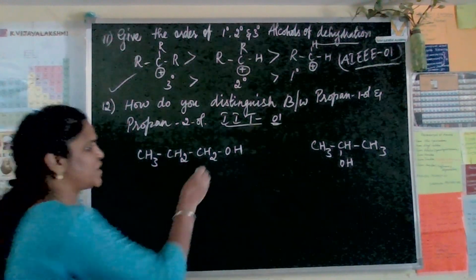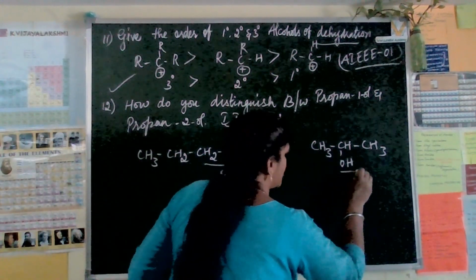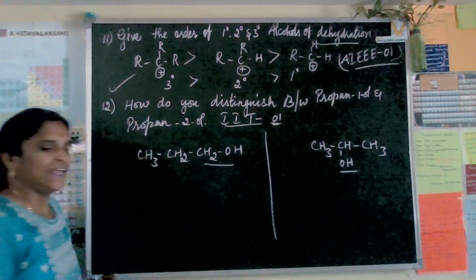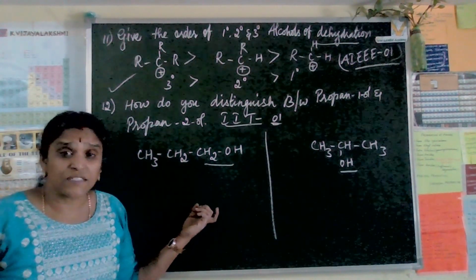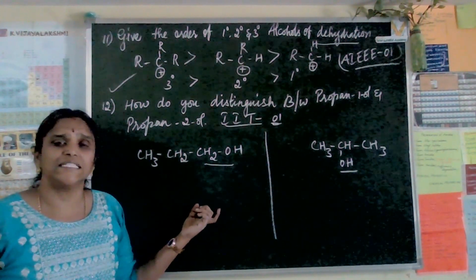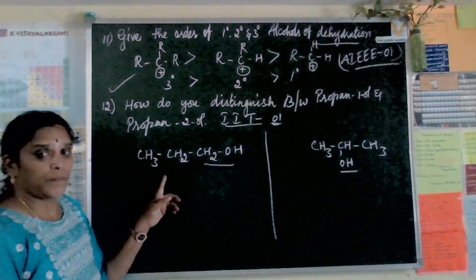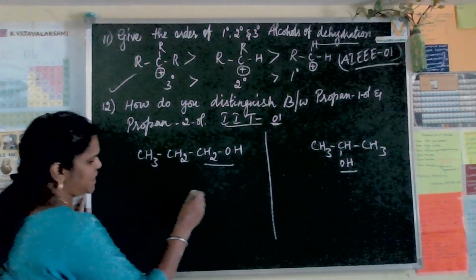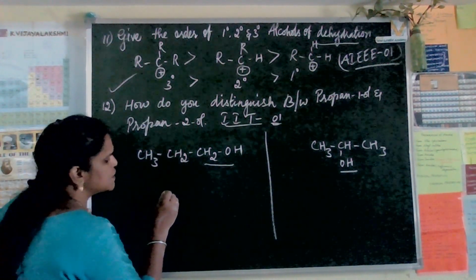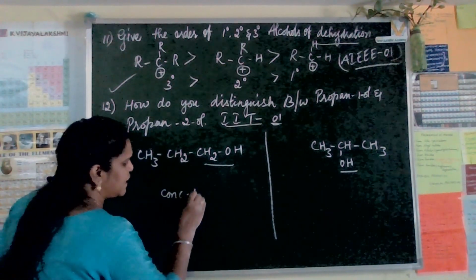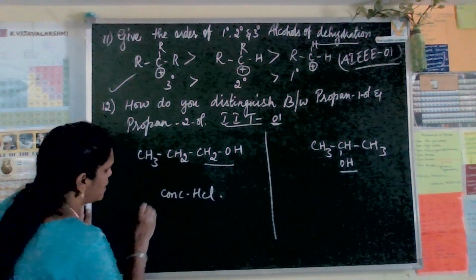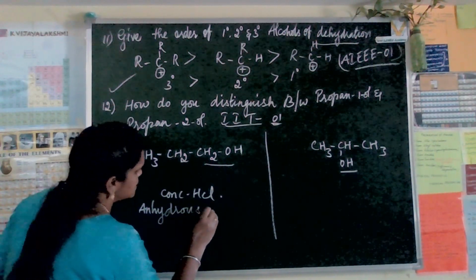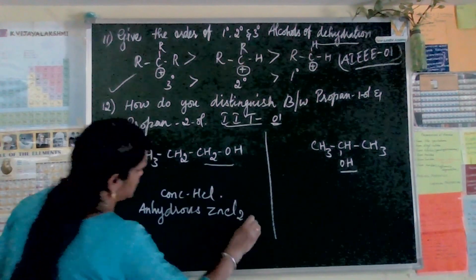This is a straight chain structure, this is a branched chain structure. How to identify them easily? Use Lucas reagent, it is very easy. This is propan-1-ol, this is propan-2-ol. Lucas reagent is concentrated HCl and anhydrous zinc chloride, ZnCl2.